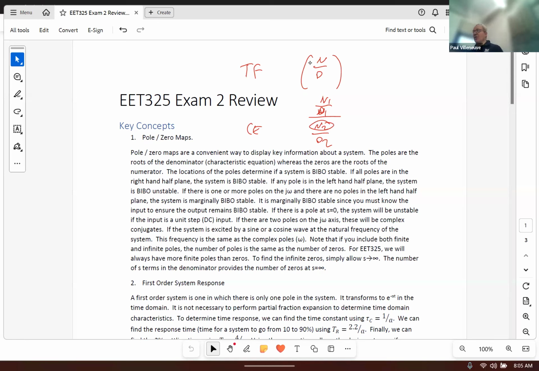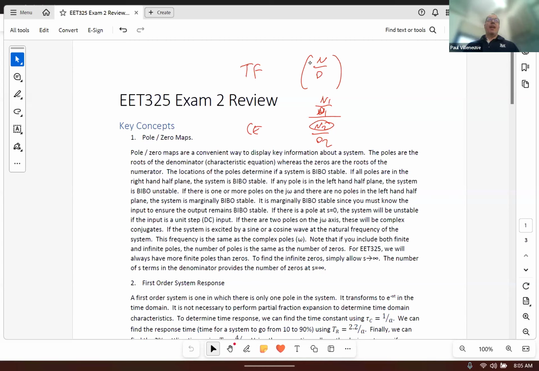So poles and zeros, we have finite poles and infinite poles. We'll never have a system that has infinite zeros, because any real world system will always have at least the same number of poles as zeros, finite poles. And so the difference between the finite poles and the finite zeros has to be the number of infinite poles, which is another way of saying the number of poles in any system, when you include finite and infinite poles, is always going to be the same.